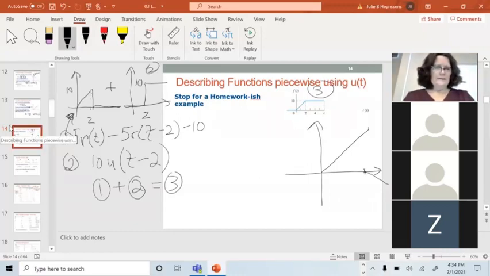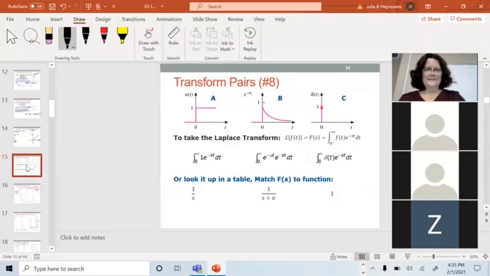Let's go back. Why didn't I just delete that slide? Never mind. Okay, we've got these three basic functions. We've got u of t. If I want to take the Laplace transform, I'm taking the integral of f of t e to the minus st. Our bonus here is I'm only integrating from 0.